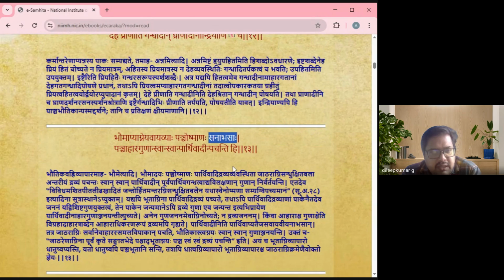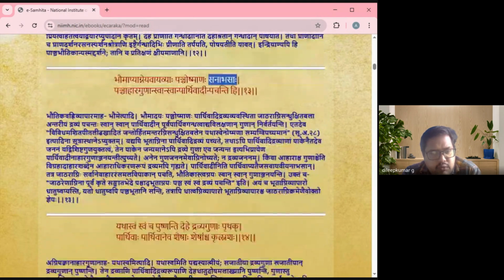Means Parthivagni will collect, digest the Parthiva Amsha Dravya. Apagni will collect, assess, digest the Ap Dhatu or Ap related Padarthas. So, like this, these are all Pancha Mahabhuta Agnis, which are related to their specific digestion and transformation.